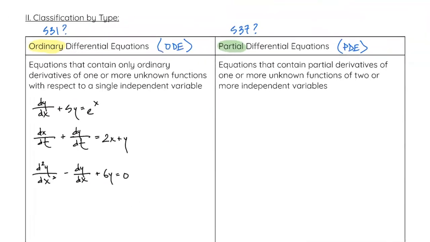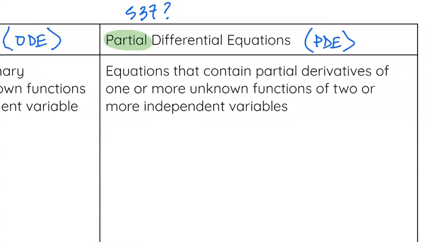Well, what makes a partial differential equation partial? Well, it doesn't contain ordinary derivatives. It contains partial derivatives. Okay, and so what that might look like is maybe something like this. Okay, so that should be familiar from Calc 3.